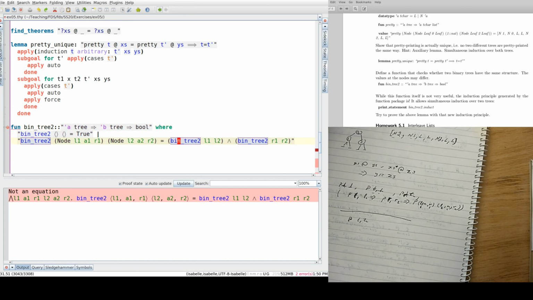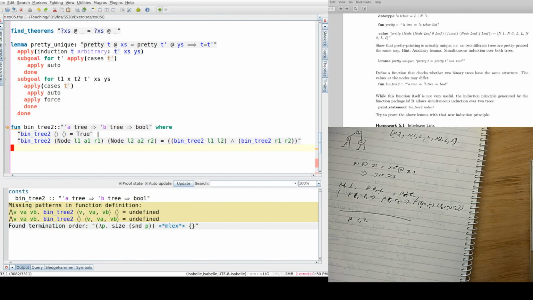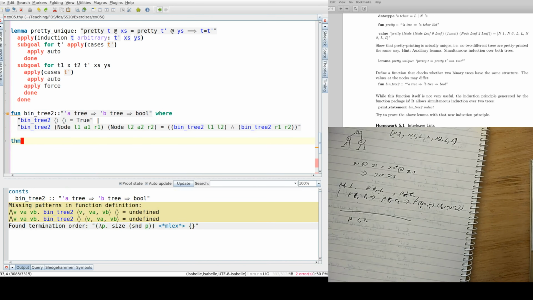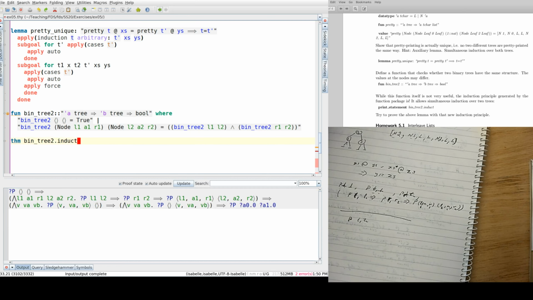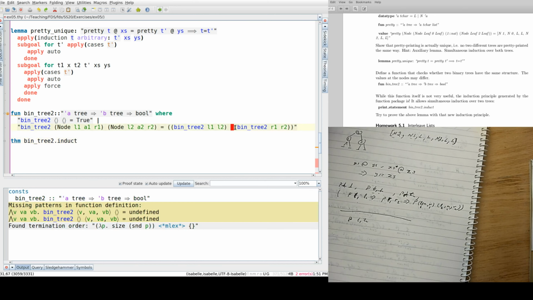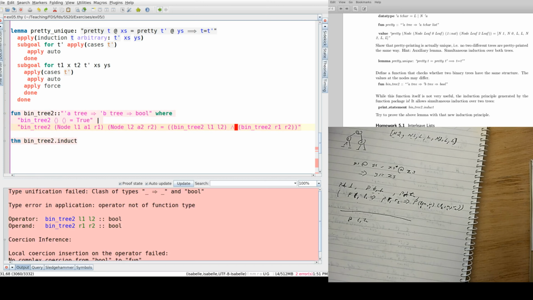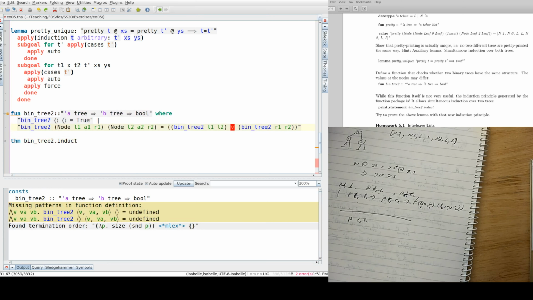So I think we need some parentheses there. So the most important thing is the induction hypothesis that comes out of this thing. So bin 3 to induct. Okay. So that's the induction hypothesis that I was describing, and that does the case splitting for us whenever we're trying to prove any predicate about any two trees. It doesn't matter what you put here. You can just say and. You can say or. It doesn't really matter.